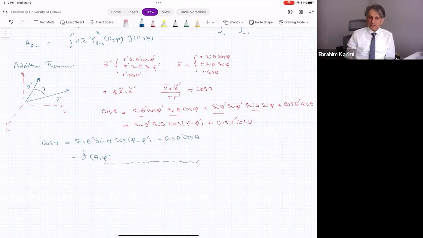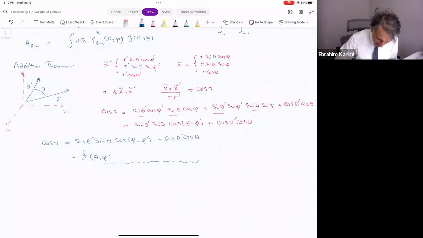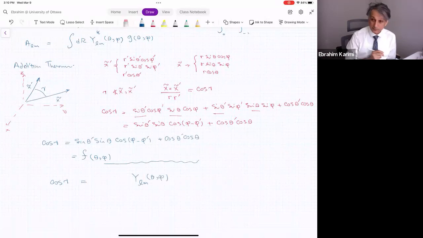What are the complete bases in spherical coordinates? They are spherical harmonics. So one can think of expanding the cosine of gamma in terms of Y_LM of theta and phi, okay? Which will be a summation over L, and a summation over M as well, okay?